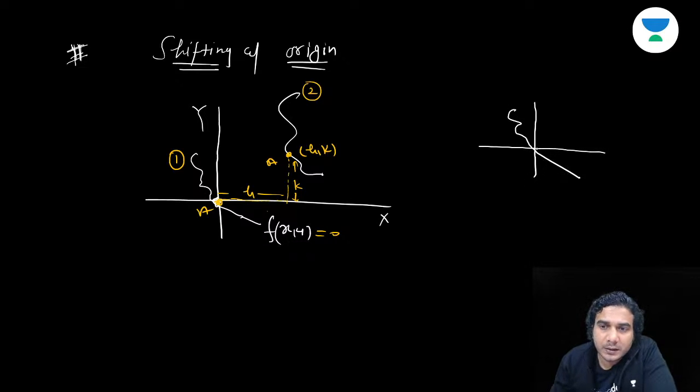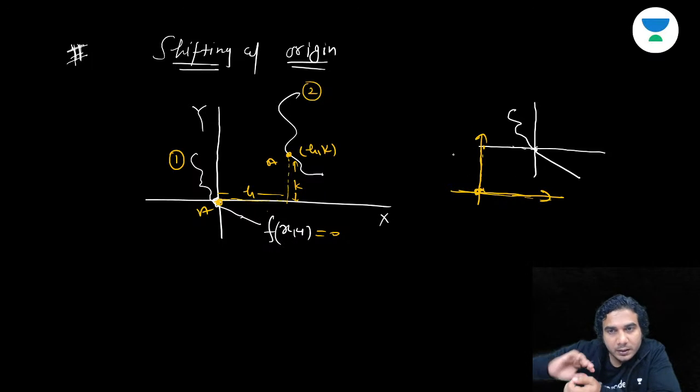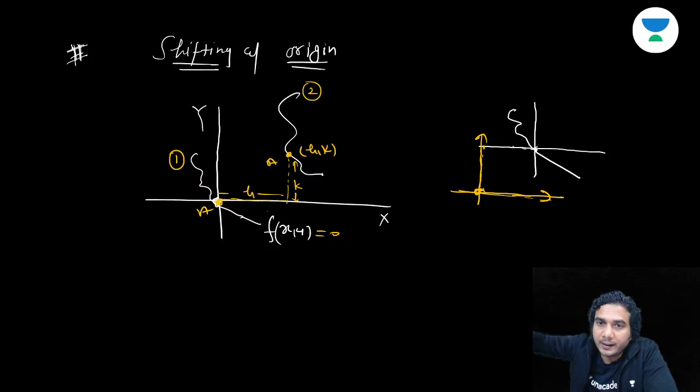If I shift the origin by h units leftwards and k units downwards, so these are the new axes. Okay, can you see this? With respect to origin, curve has moved right and up.